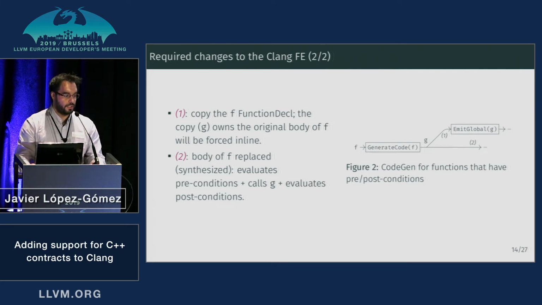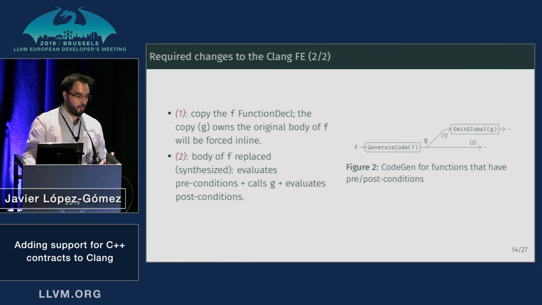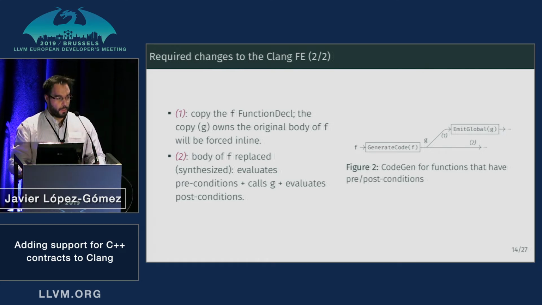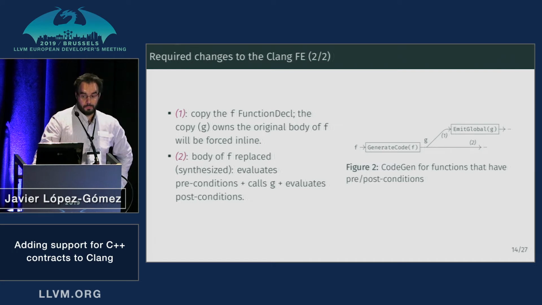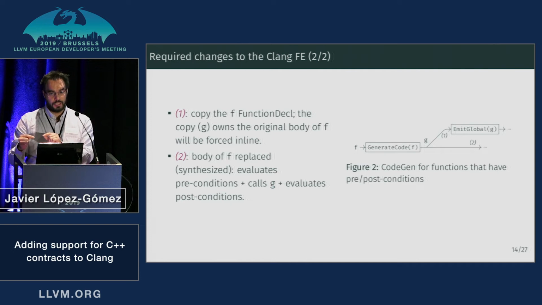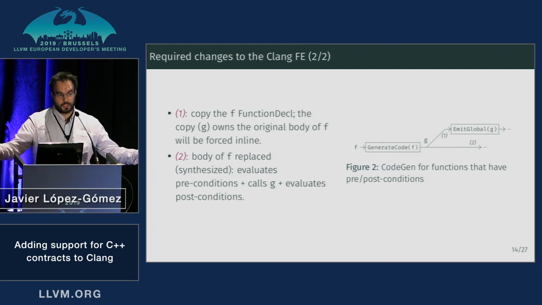I'm going to go into a little bit of detail on how functions that are annotated with preconditions or postconditions are generated, their code emitted. So, fine. Whenever we are emitting a function that is annotated with preconditions or postconditions, we are going to clone that function decl. We are going to split it into two, the checked and unchecked version.